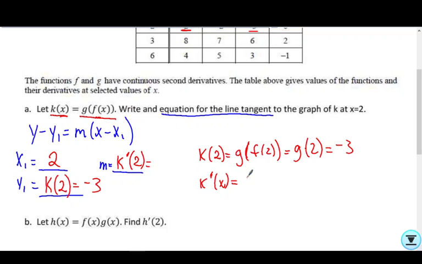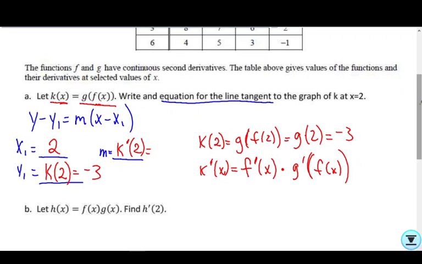So k prime of x is the derivative of the inside, f prime of x, times the derivative of the outside, g prime of f of x. This is literally the definition of the chain rule, and there's the derivative.